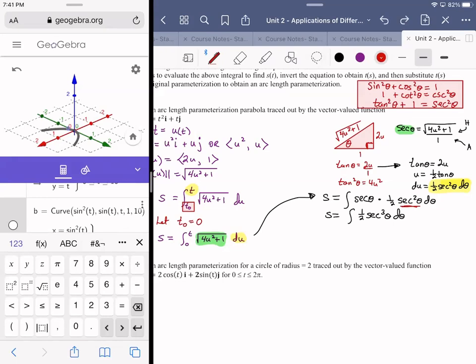If you happen to know the antiderivative of secant cubed, then by all means go for it, right? But if you have to invent it, then the substitution might be the way to go. One way or the other, we need it. So we're going to replace the secant squared with a 1 plus tangent squared.